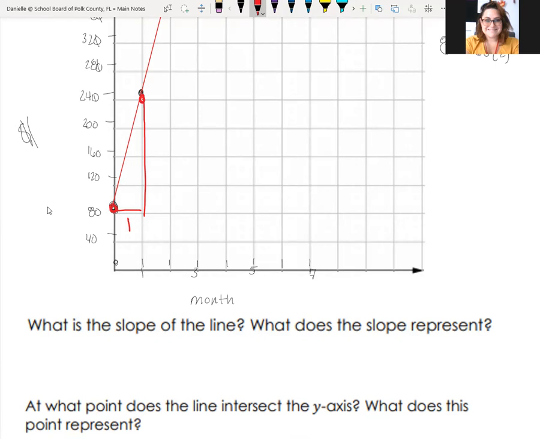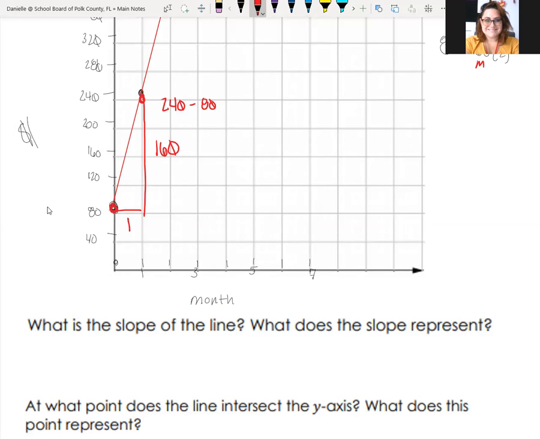What I'm going to actually do is do 240 minus 80 instead of counting. Counting is not my strong suit. So 240 minus 80, we're going to go up 160, which we knew because this is our slope.